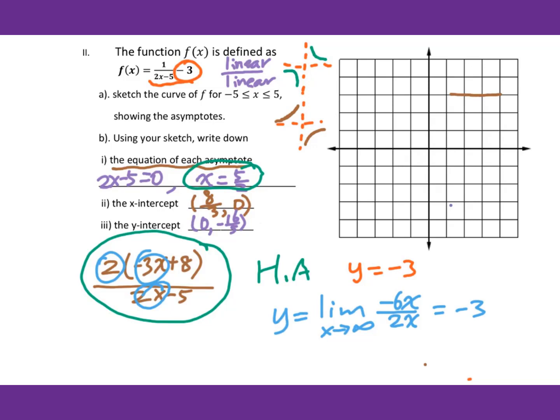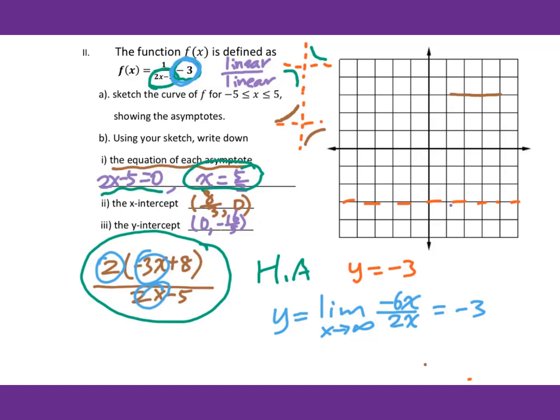If you are given this format, you can get the vertical asymptote line and then the horizontal asymptote line easily. You make your denominator equal to 0, you will get the vertical asymptote line. This number will be the horizontal asymptote line. Therefore, we will get y equals negative 3. This will be the horizontal asymptote line.